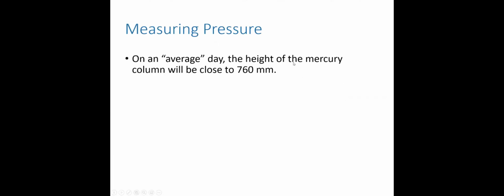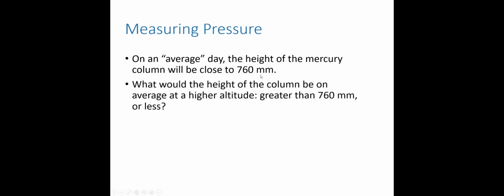So, on an average day, as I mentioned before, the average height of the mercury column will be very close to 760 millimeters. What if we were at a higher altitude, instead of being near sea level? Think about this. If you're on a mountain, you're at a higher altitude, you have less air above you.